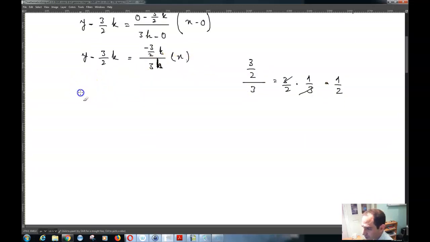Okay, so this is y minus 3/2 k is equal to negative 1/2 k over h times x.